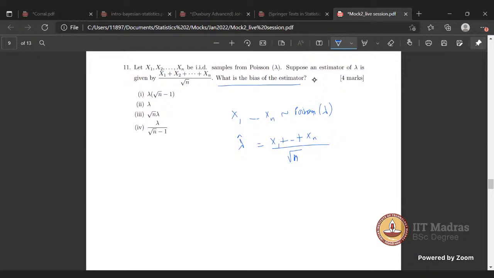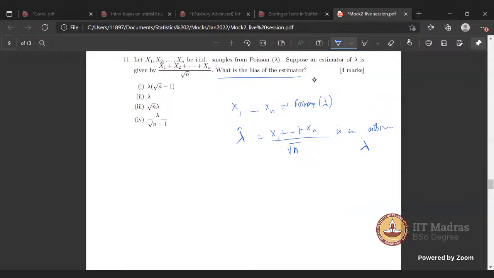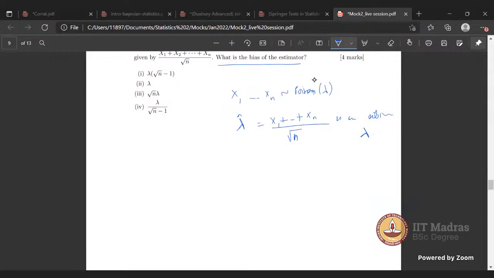So this lambda hat is an estimator of this lambda. Now, how do you find the bias of an estimator? Let's say I have a parameter theta and an estimator theta hat.